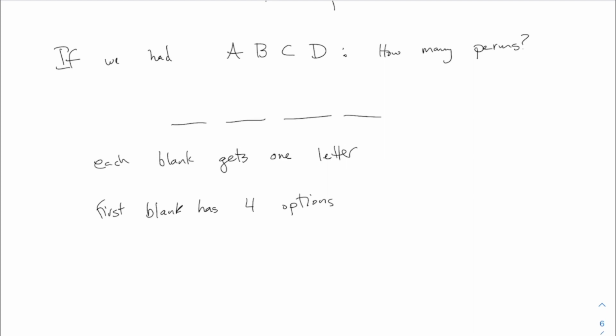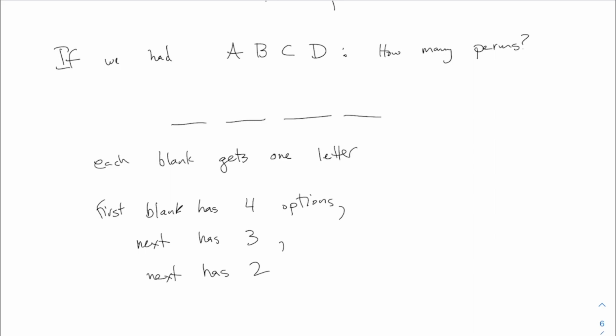So the first blank has 4 options. Then the next has 3. By the same reasoning, the next would have 2 options to put in the third position, because I've already used 2. There's only 2 left. And then the last one, you really only have 1 option. It's just whatever is left over.